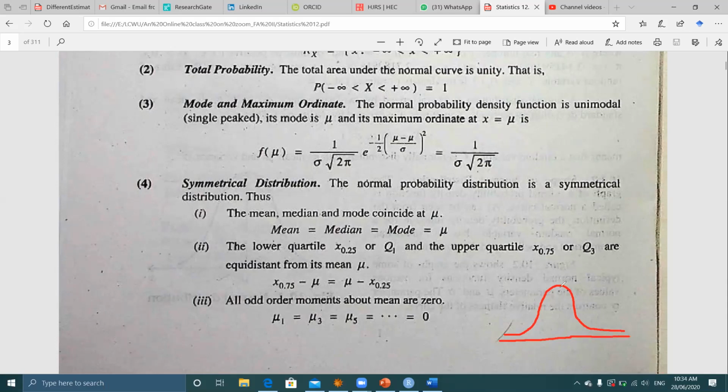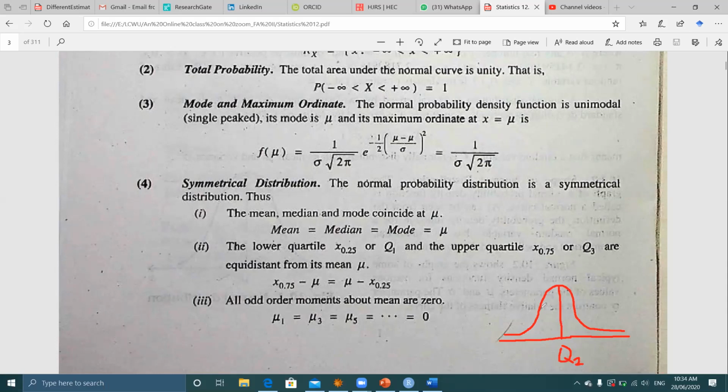In the center, you will have mean, median, mode, and second quartile, also Q2. Q2 is your second quartile, and the second quartile is also known as median. So median is here. That's why I have written it here Q1, Q2.